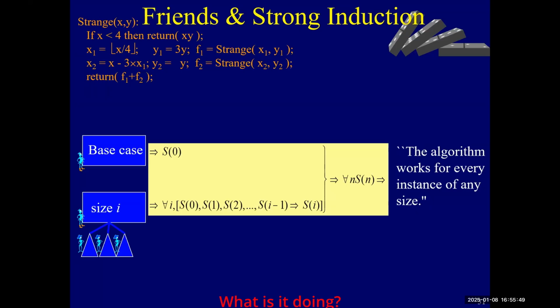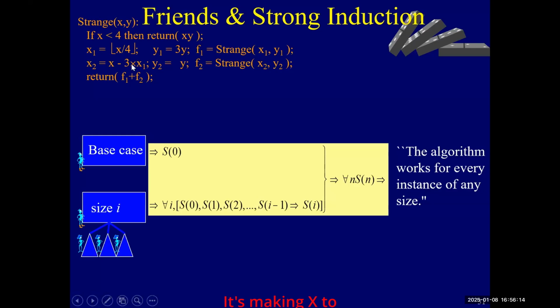So what is it doing? Well, I'm claiming that it's multiplying, that it's taking X and Y and multiplying them, right? What is it actually doing? It's making X smaller by dividing it by 4. It's making Y smaller by multiplying it by 3.